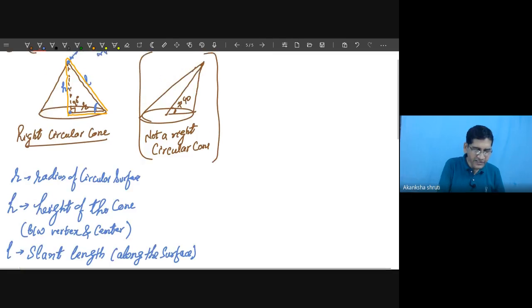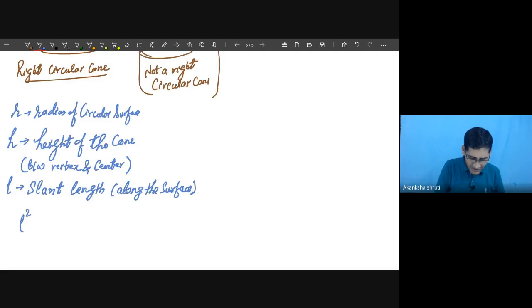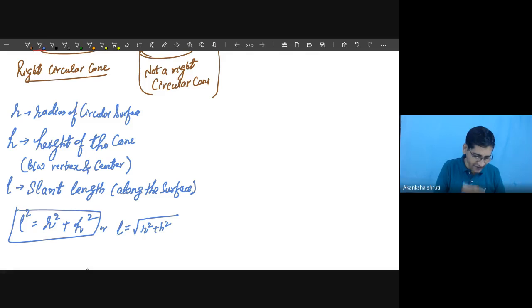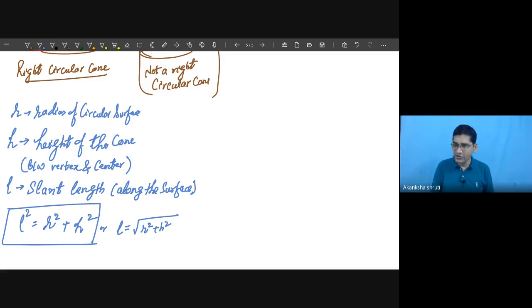Therefore, for this l, which is acting as the hypotenuse, and this height is perpendicular to this radius, hypotenuse l square is equal to the radius of the circular area square plus height of the cone h square, or l can be obtained by taking the under root of r square plus h square. This is the other relation that we need to keep in mind. Do not forget this relation. Questions are also asked on this relation directly. This is the new relation.